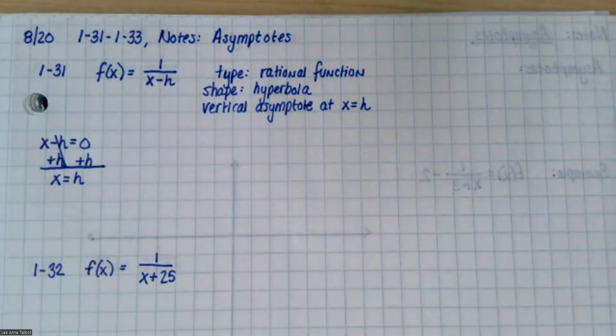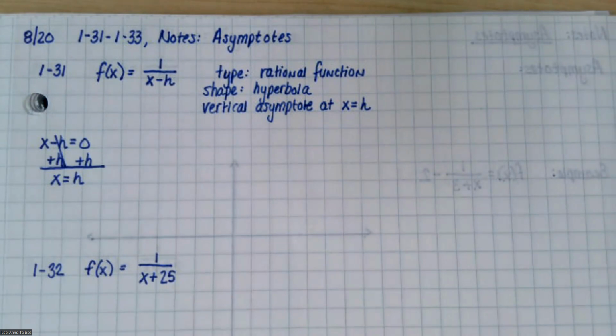And you can find the asymptote that way. So if it doesn't immediately occur to you where that vertical asymptote is, just go over to the side, set the denominator equal to 0, and solve for x, and that's where your asymptote will be.